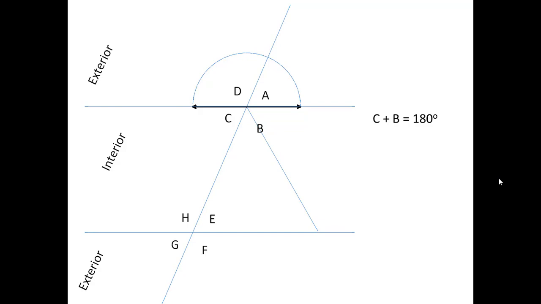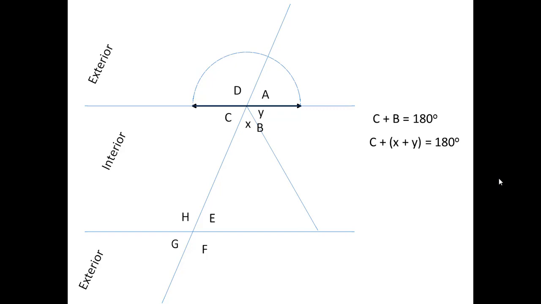We don't know what the value of those angles are, but we're going to call them X and Y. If we look at the supplementary relationship between C and B, we can replace the B in the sum, C plus B equals 180, with the sum X plus Y, so that we get a relationship. To complete the supplementary angle relationship, we have C plus X plus Y being 180 degrees.